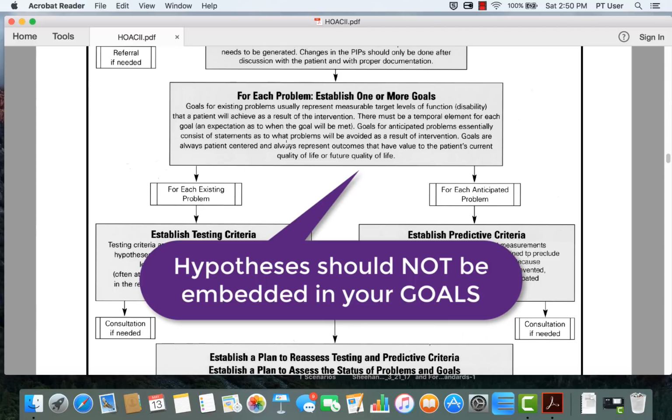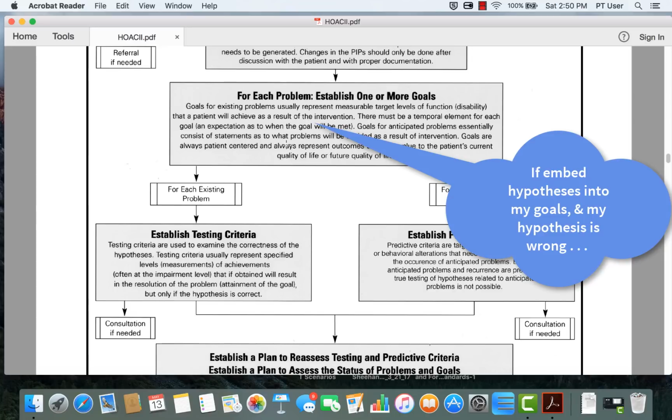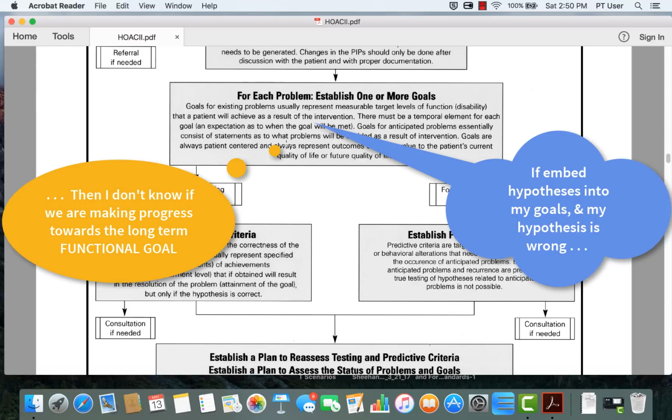I might think that quad weakness is causing the walking dysfunction. So I write my short-term goal to improve manual muscle strength to 5 out of 5 on the right vastus thigh muscles. The long-term goal is that distance I described with no assistive device, minimal amount of rest, 3 different trials of walking.